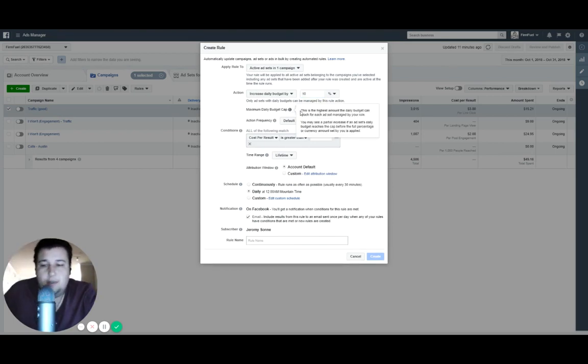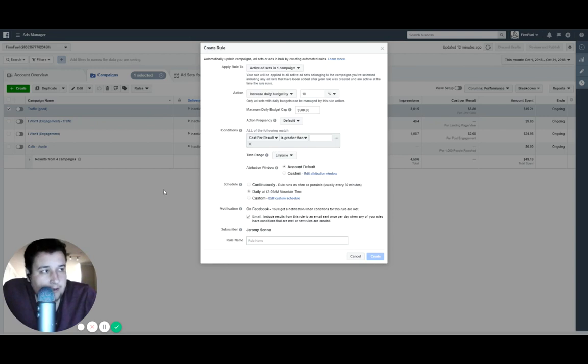Then I would cap it at, let's say, $500 a day, because I'm not willing to spend more than that. What that's going to do is slowly increase the budget. It's going to take a while, but it's not going to reset my optimization.